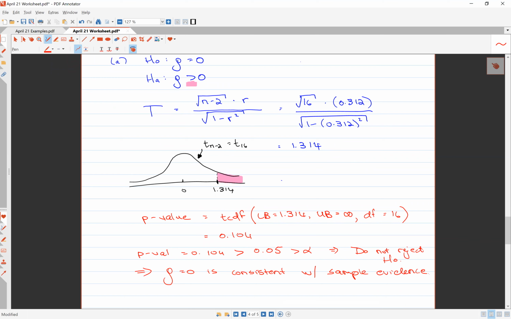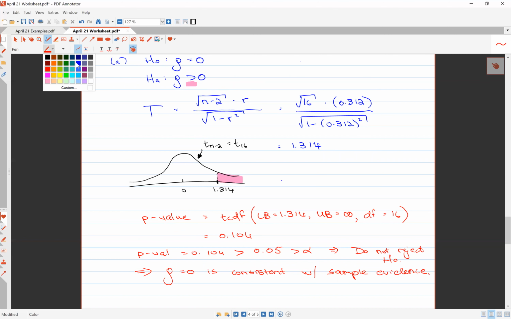So that would be a conclusion that you could draw here. If you had more context, if you had specific variables you would interpret it as saying there's no evidence that these two variables have any linear correlation to one another.